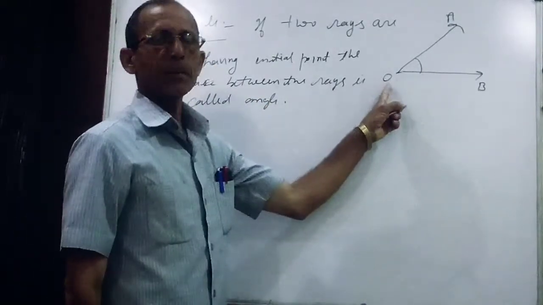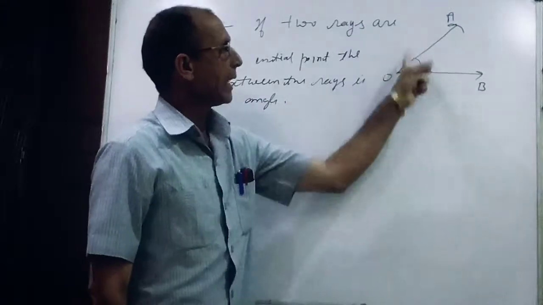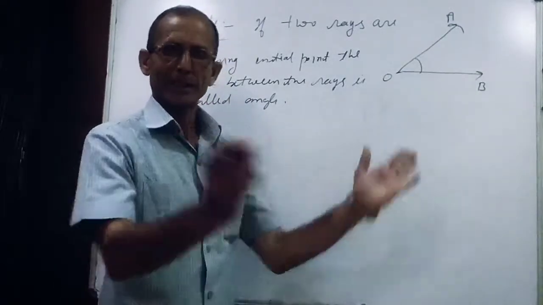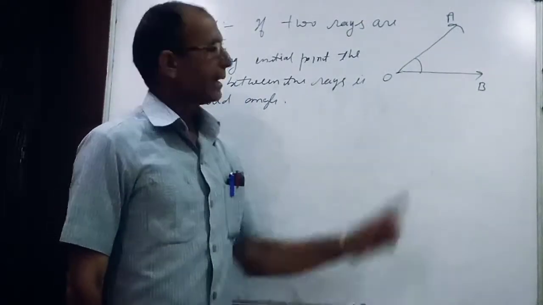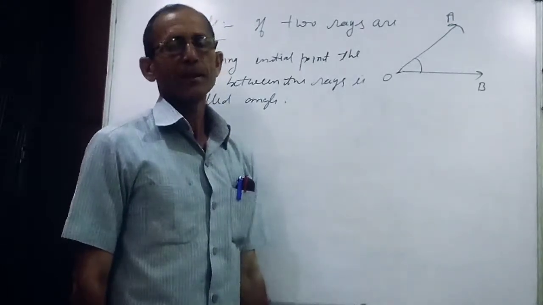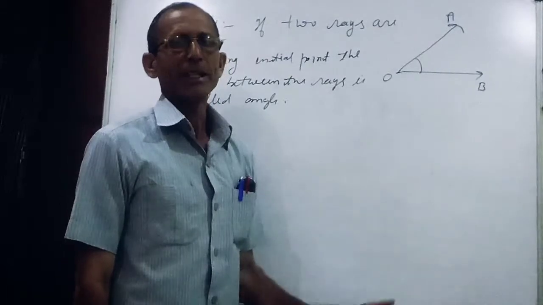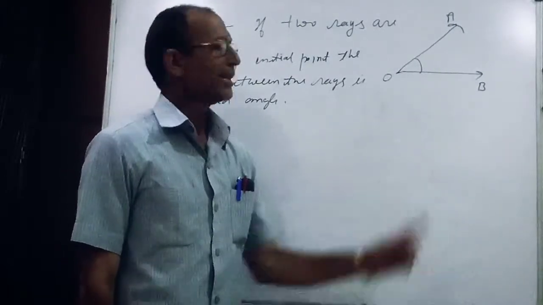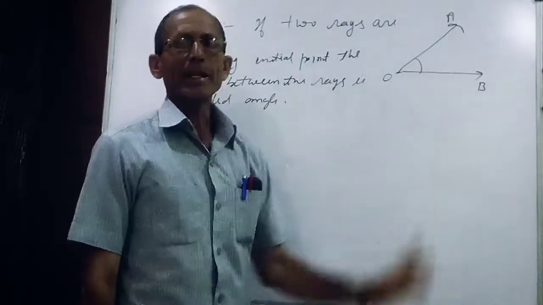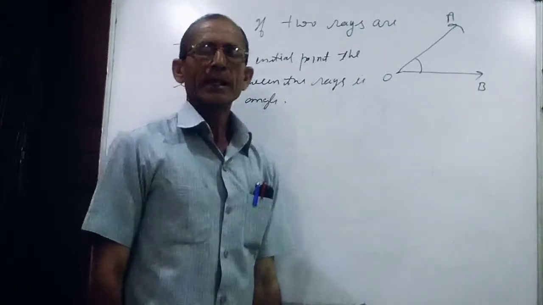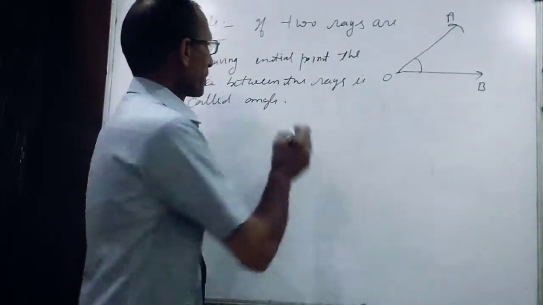O is the initial point, and OA and OB are going in different directions. The directions may be the same, and in that case an angle will also be formed, but that will be discussed in senior classes. So AOB is an angle.